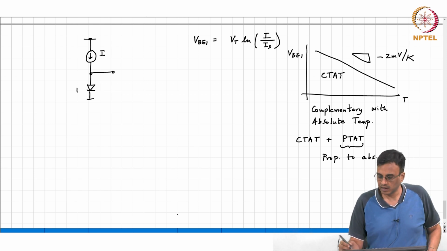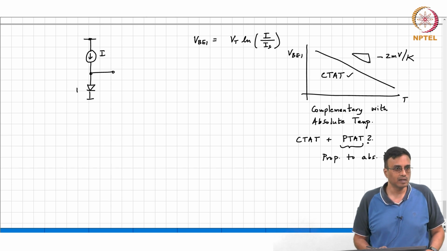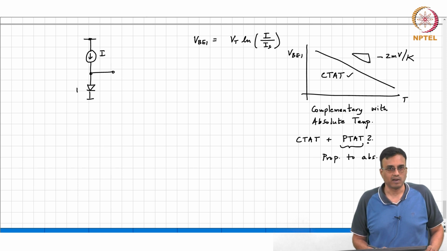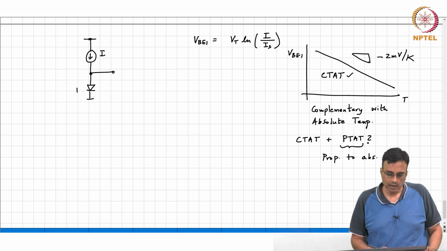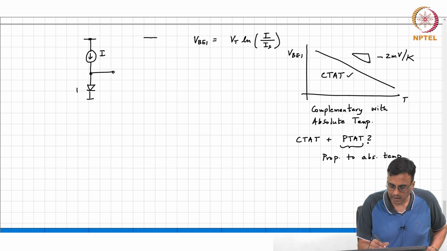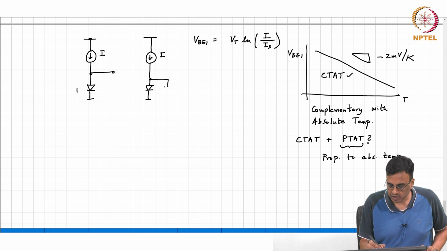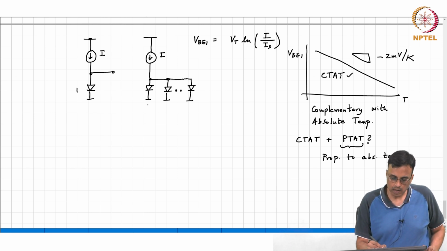So, now this characteristic we have. Now, the question is, how do we generate something with a positive temperature coefficient? And some clever guy recognized that if you take the same current and put n diodes in parallel, okay.